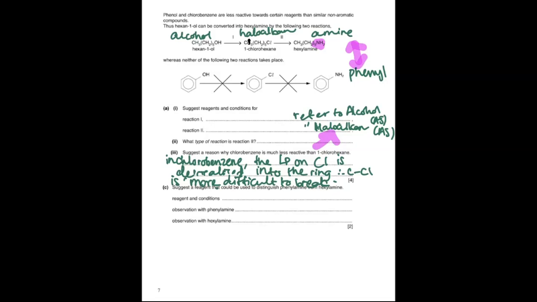Okay, another observation would also be phenylamine would produce a precipitate. Okay, so this is a reaction that we haven't looked at, but we will in the next two topics, the one after carboxylic acid. So for hexylamine, it will not react with bromine water at room condition.